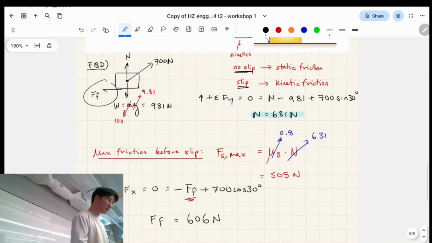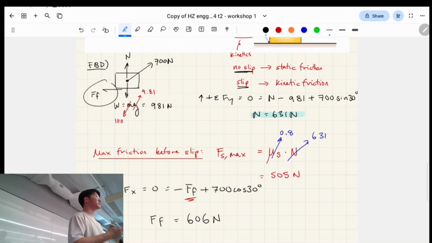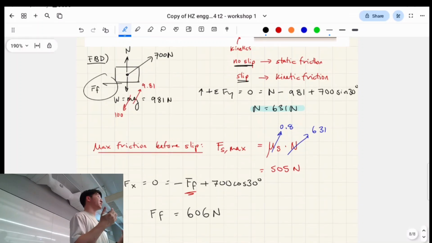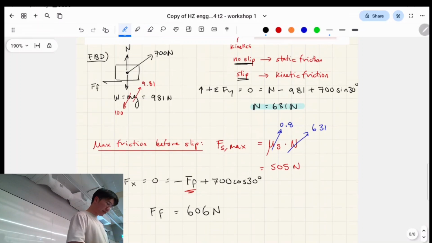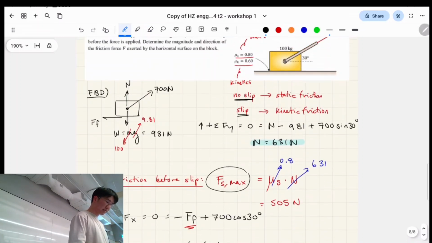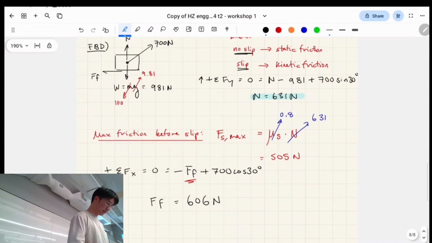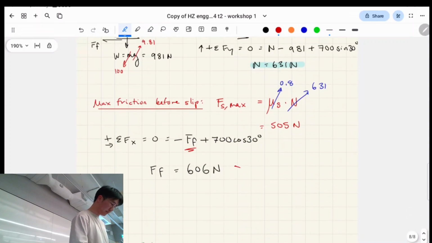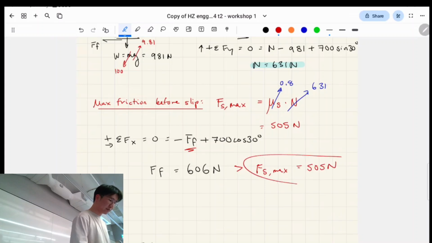Okay. So here's what I've done. I've called this FF because it's a variable. We solve for it separate to what the max friction force is, okay? And so that's named differently to Fs max. Basically, our threshold number was 505, which is what we calculated based on the normal force and the material properties, right?